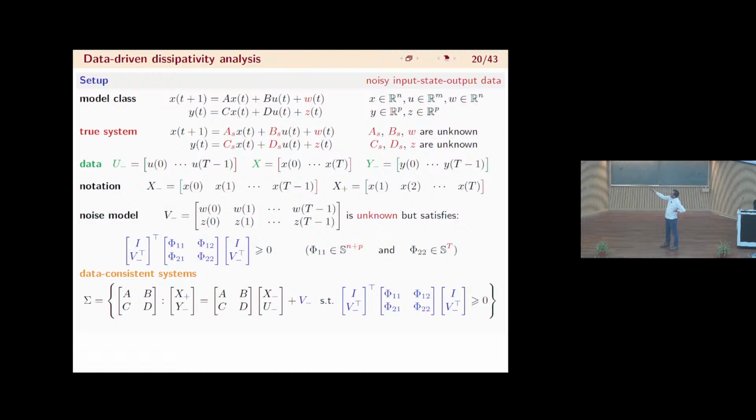Now I collect the noise terms entering in the state equation and the noise terms entering in the output equation into a big matrix V, and assume that V satisfies a certain quadratic matrix inequality, as before.